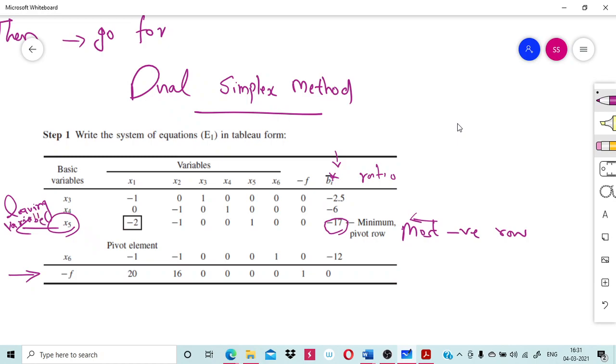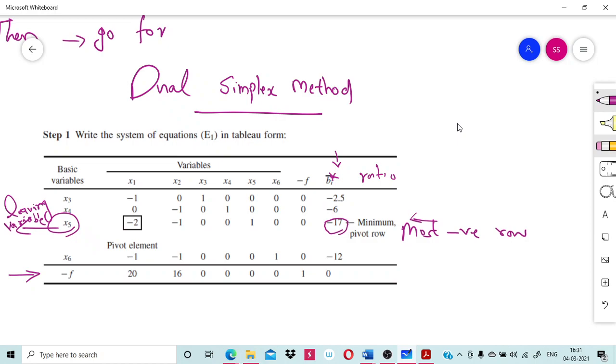The difference is that in the simplex method, first you find the entering variable, then the leaving variable. In the dual simplex method, first you find the leaving variable and then the entering variable. That is the only difference.